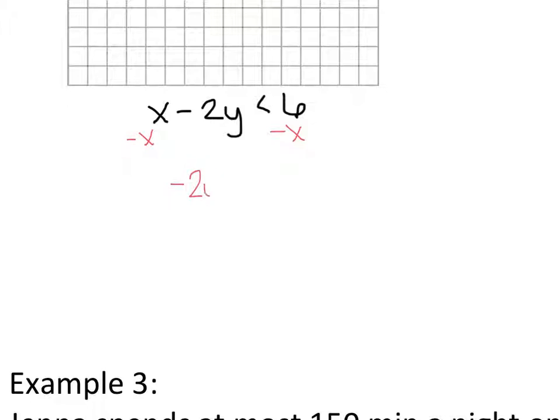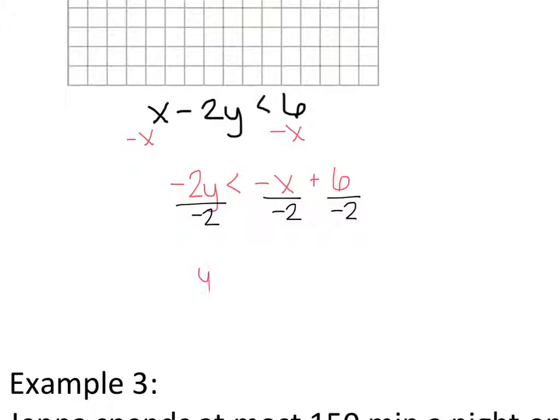Okay, so negative 2y is less than negative x plus 6. Now what? Divide by negative 2. If we divide one side by negative 2, we divide everything by negative 2. And what happened? Have to flip the sign because we divided by a negative.